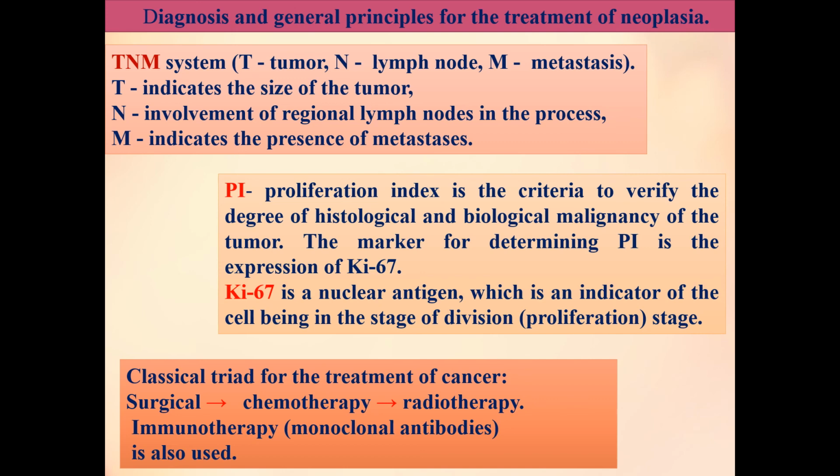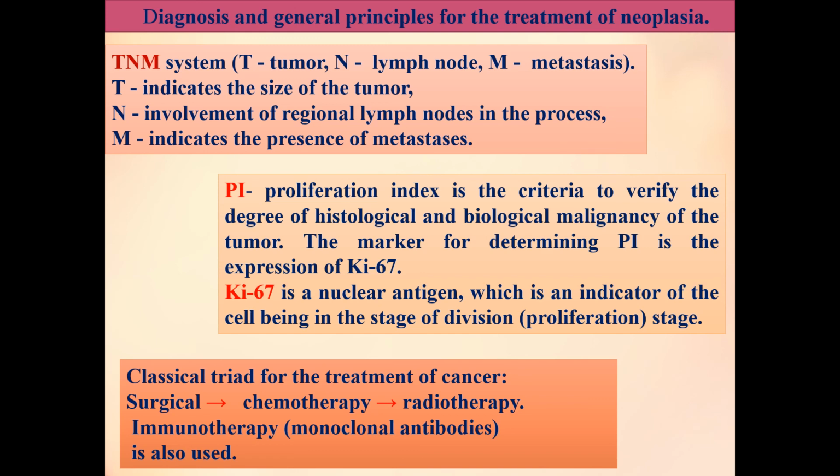PI shows a ratio of the cells in the division stage to all the others and allows us to isolate tumor cells that are in the active phase of the cell cycle throughout its duration: G1, S, G2, M phases of the cell cycle. And Ki67 is absent only in G0, the period of the cell cycle.